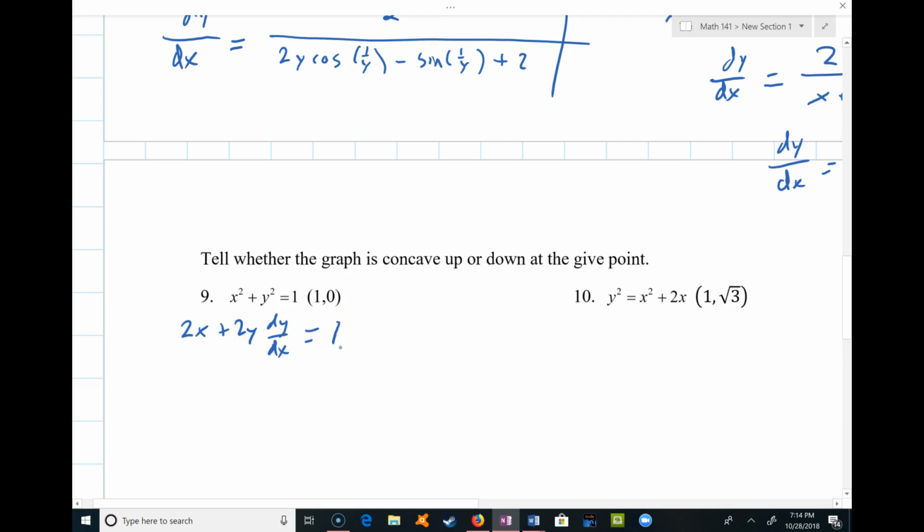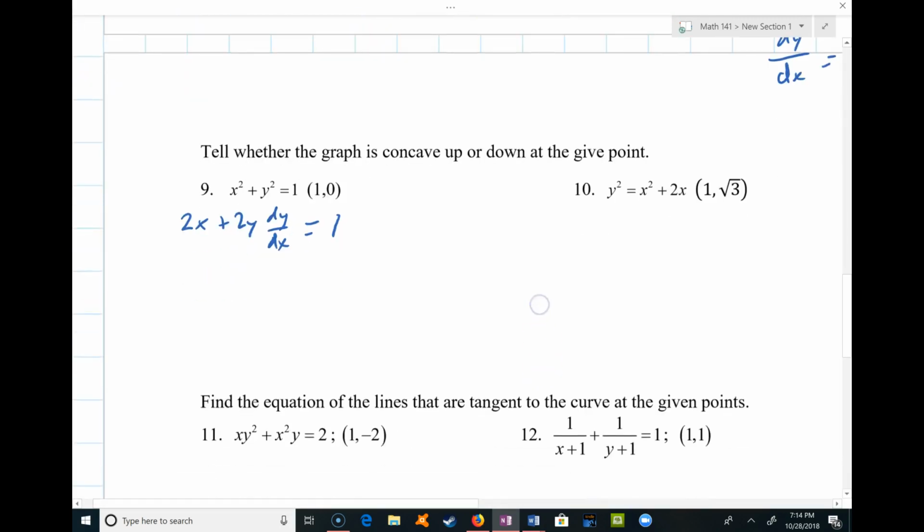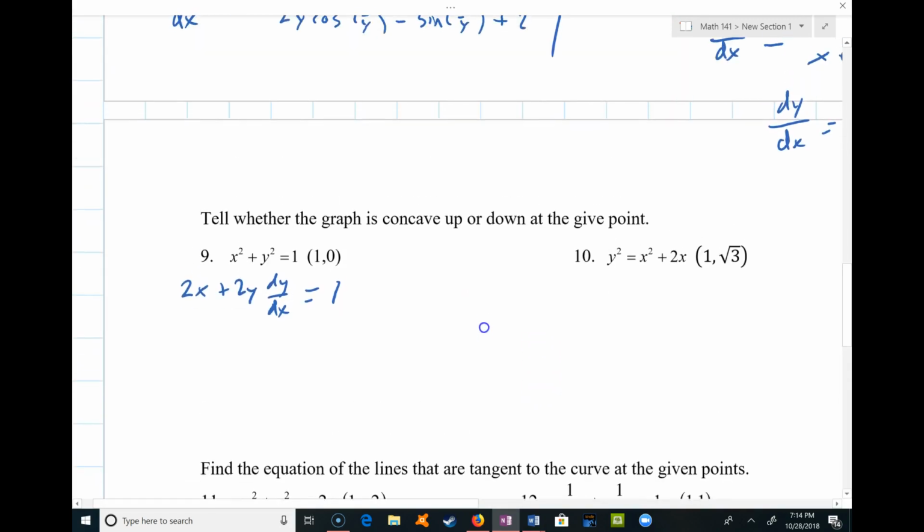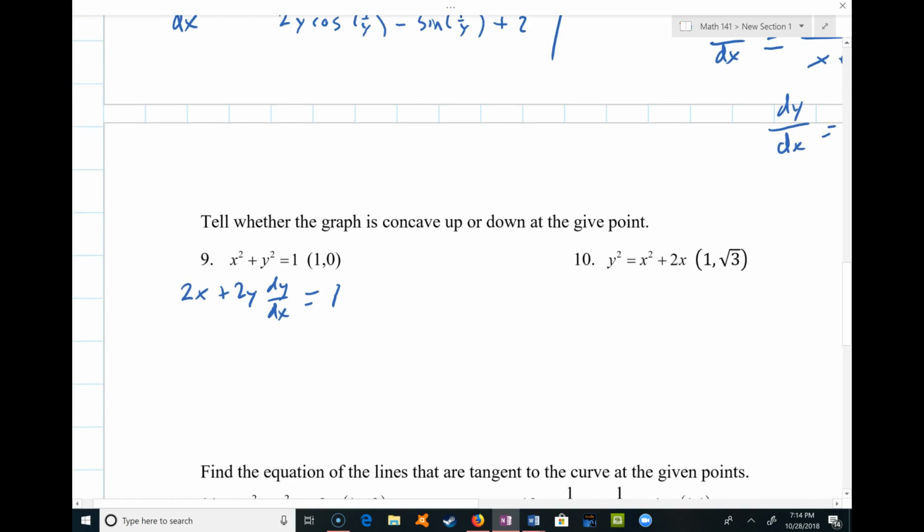Since I'm just looking for the second derivative, instead of having to solve for dy/dx, I can just take the derivative right now.